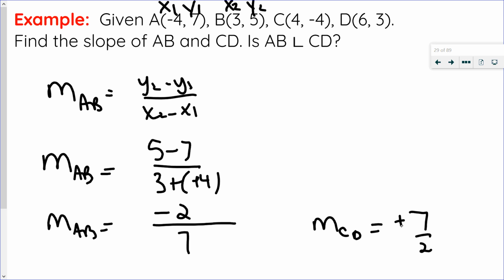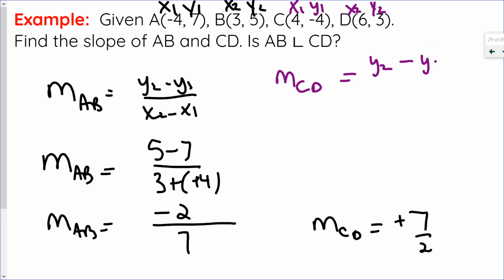Let's check, okay? So I'm going to change colors just to check my prediction. So the slope of CD, and then x2, y2. Okay, so the slope is going to be y2 minus y1 over x2 minus x1.